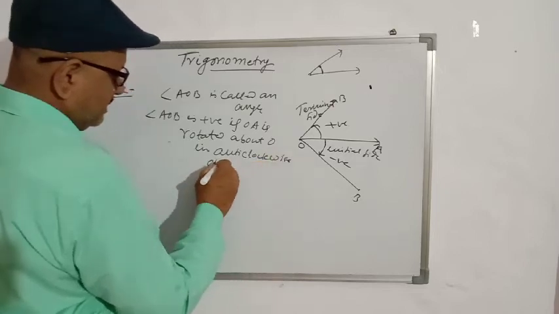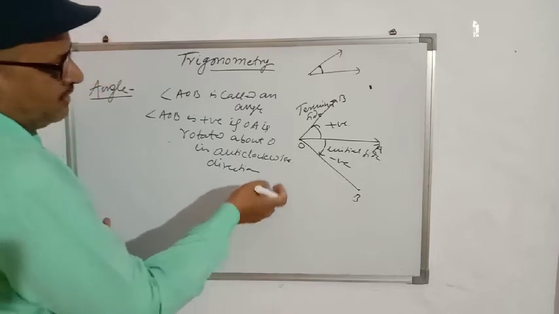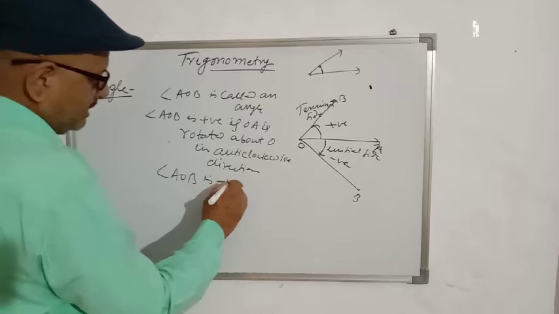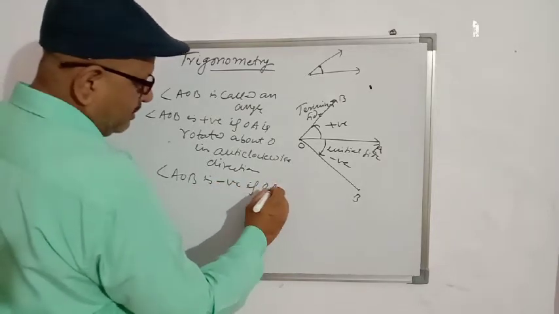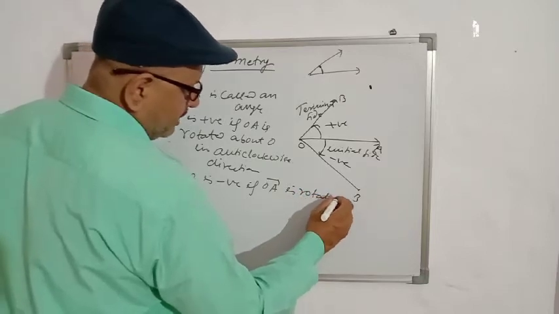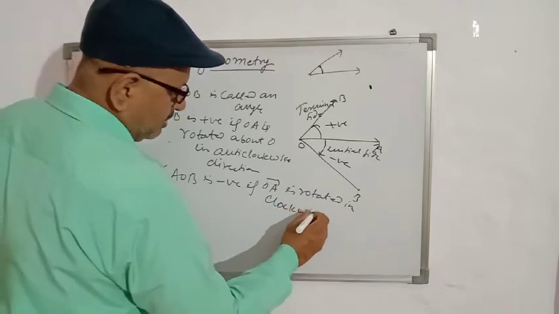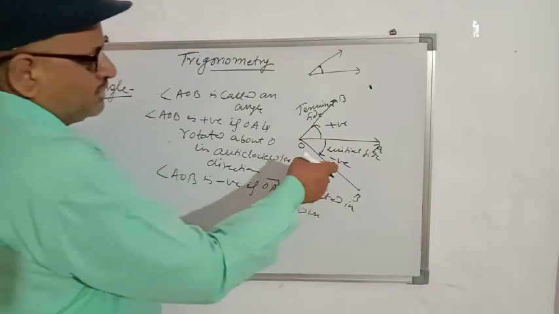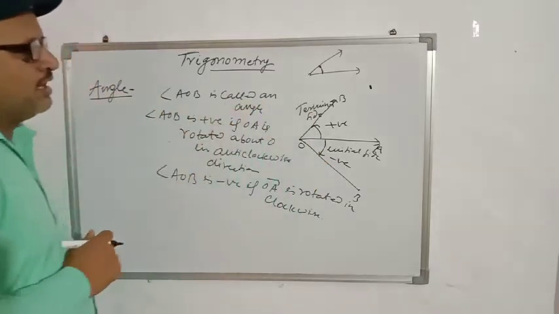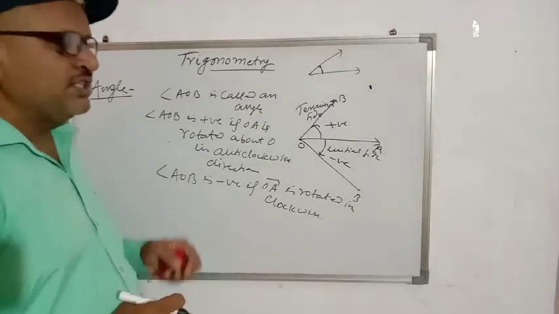And if it is rotated in clockwise, then AOB is negative. So if it is rotated in clockwise, the angle so formed is negative. In anti-clockwise, we have to take it positive. So this is the definition of angle.